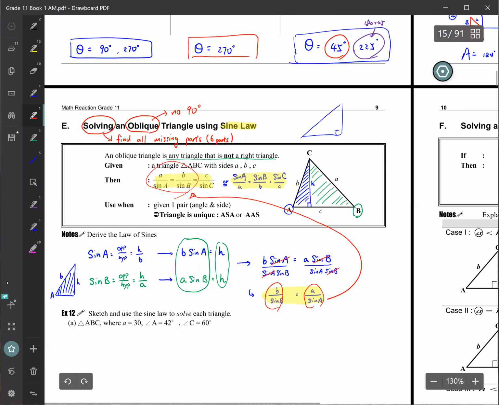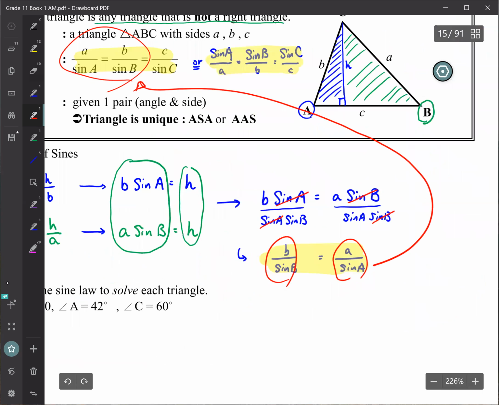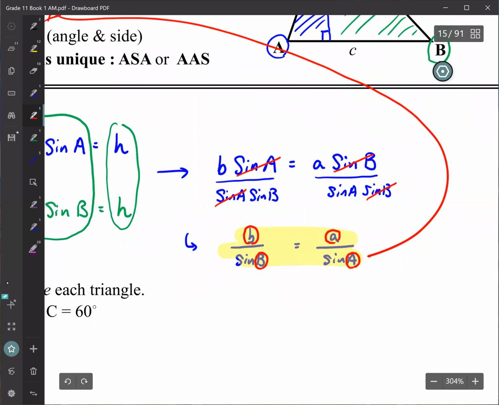So as you can see, you have 4 blanks to fill in when you try to apply the sine law. Okay, let me highlight this again. You have 4 things. You have a side, you have an angle, you have a side, you have an angle. So when you get a question, you will always be given 3 things and then missing one of them, okay?